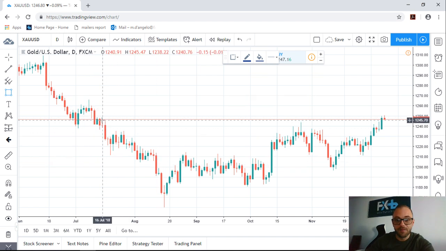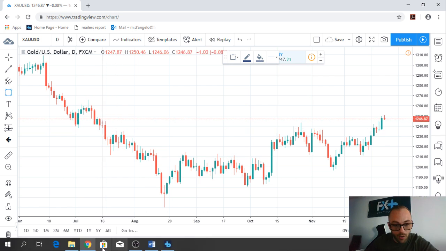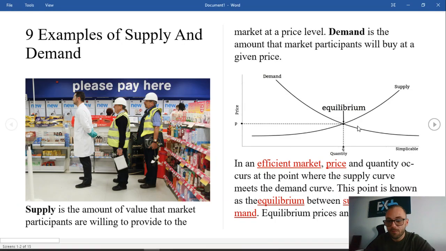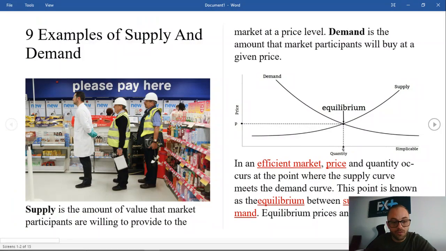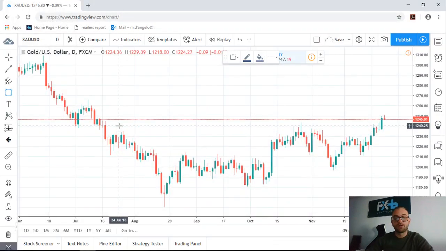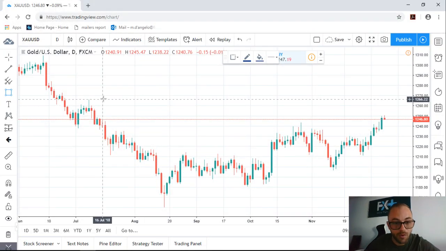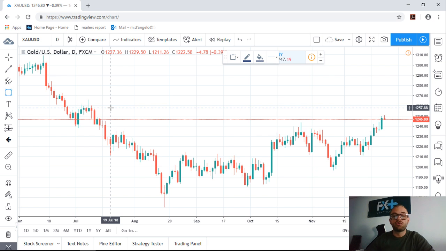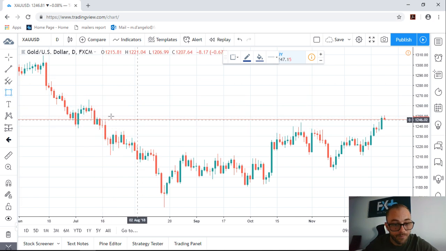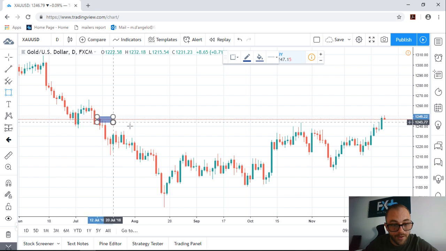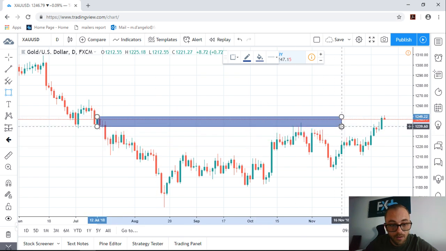And from that perspective, the market required a what? A lower equilibrium in price. So the market needed to go to the downside according to the orders on the actual market itself. So if I'm going to use a rectangle to draw that particular equilibrium area, that equilibrium area zone was here.